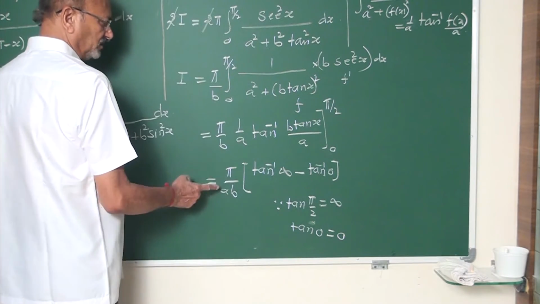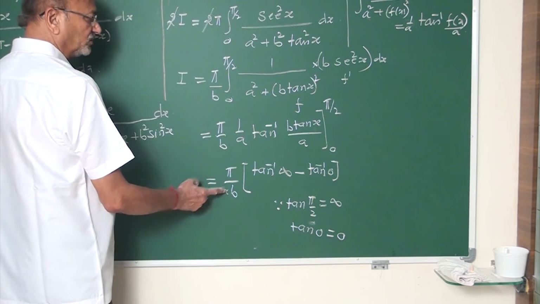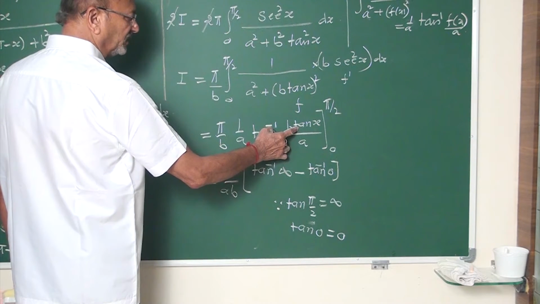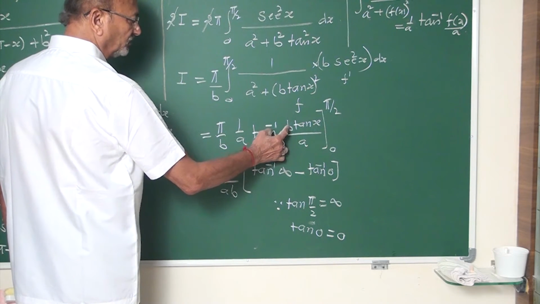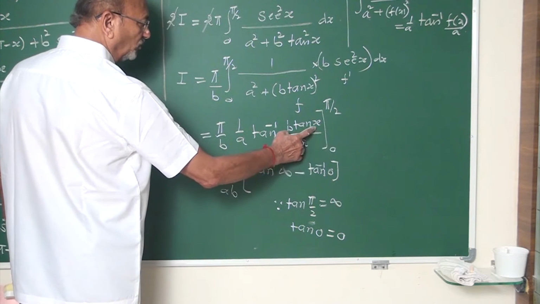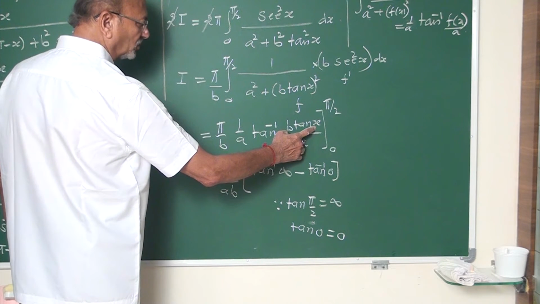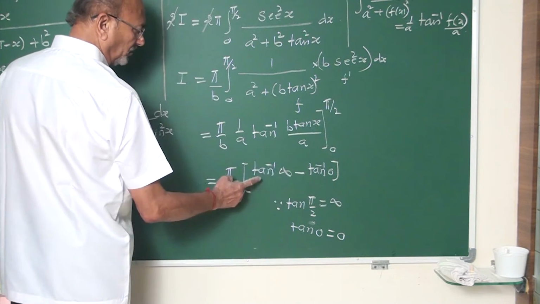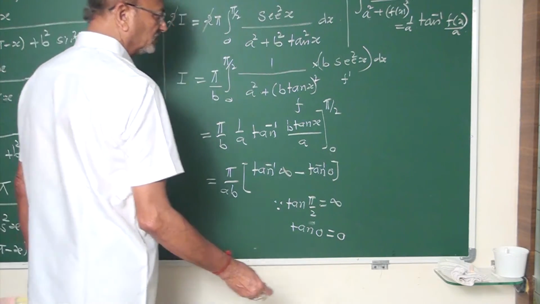Therefore, my friend, it is pi upon ab into, put x equal to pi by 2, tan 90 is infinite. Infinite into anything is what? Infinite. Minus lower limit. Put x equal to 0. Tan 0 is 0. 0 by anything is 0. But what is tan inverse infinite, my friend?